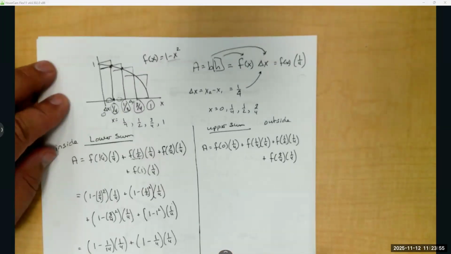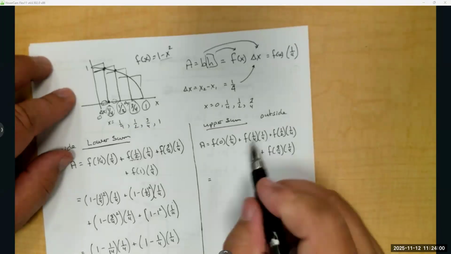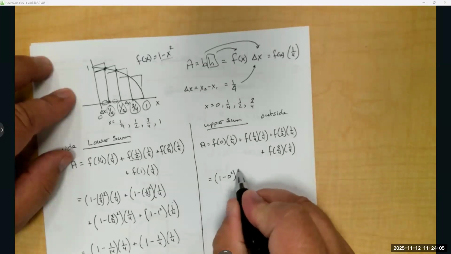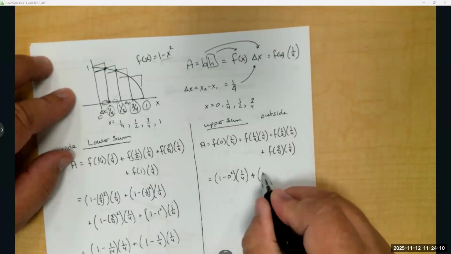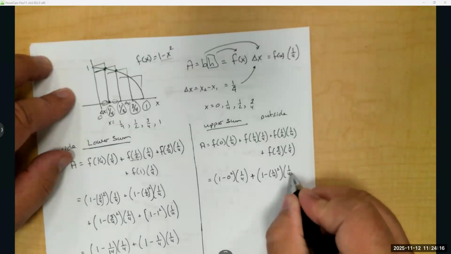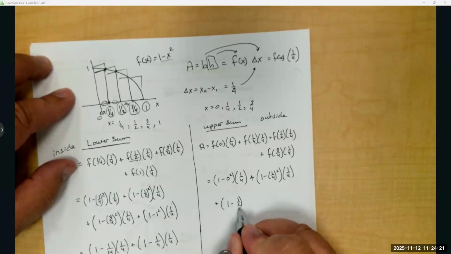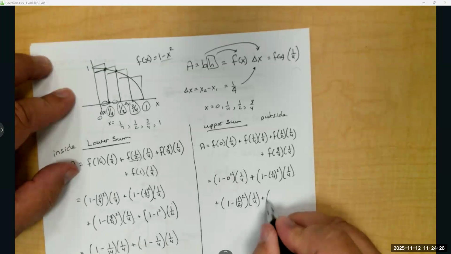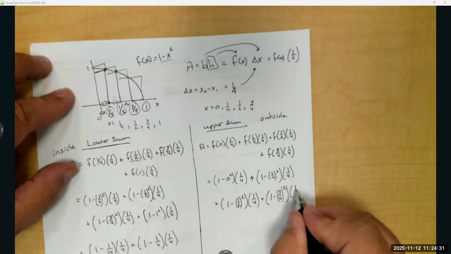Do the same thing here. So we have 1 minus 0 squared times 1/4. 1 minus 1/4 squared times 1/4. 1 minus 1/2 squared times 1/4. 1 minus 3/4 squared times 1/4.